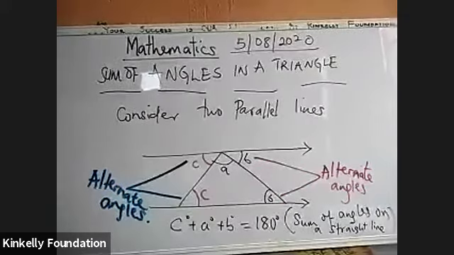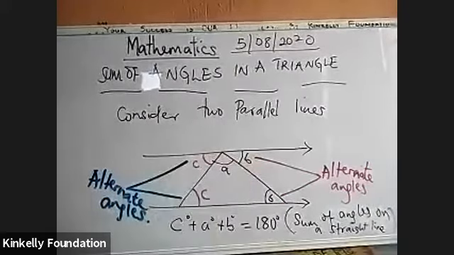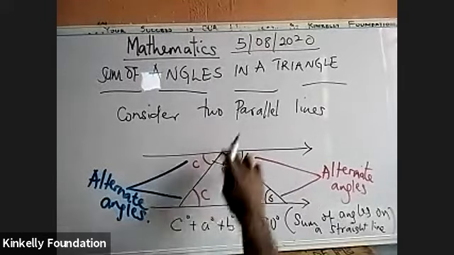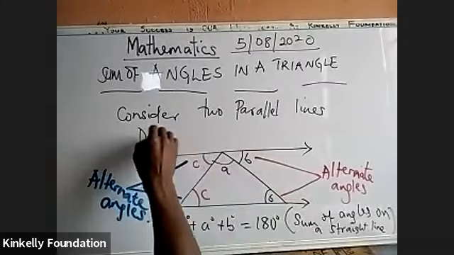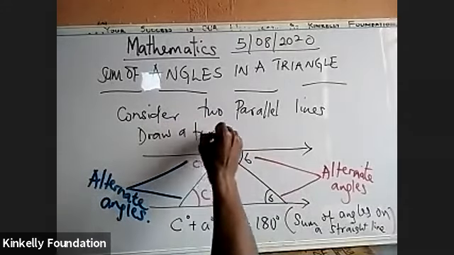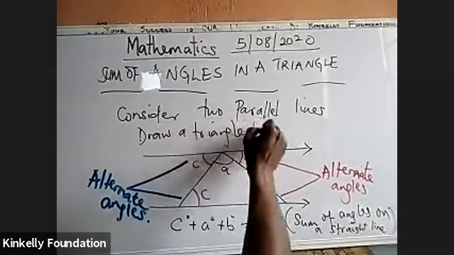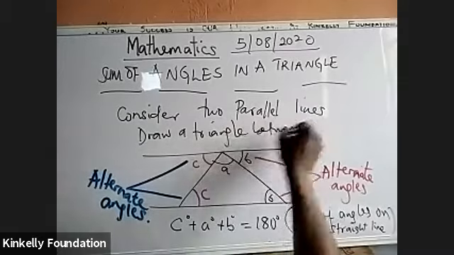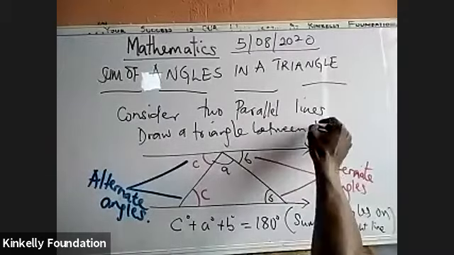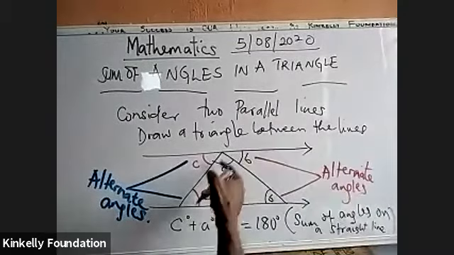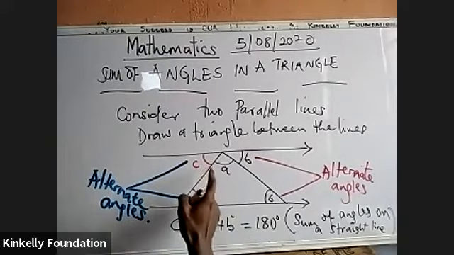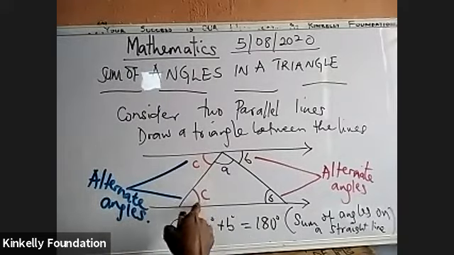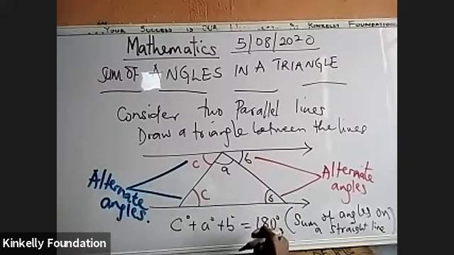Now, when you consider two parallel lines, you have seen these two parallel lines. Now, when you draw a transversal, two transversals, you draw a triangle between the parallel lines. Now, you notice that we have alternate angles C and C. We have also alternate angles here.